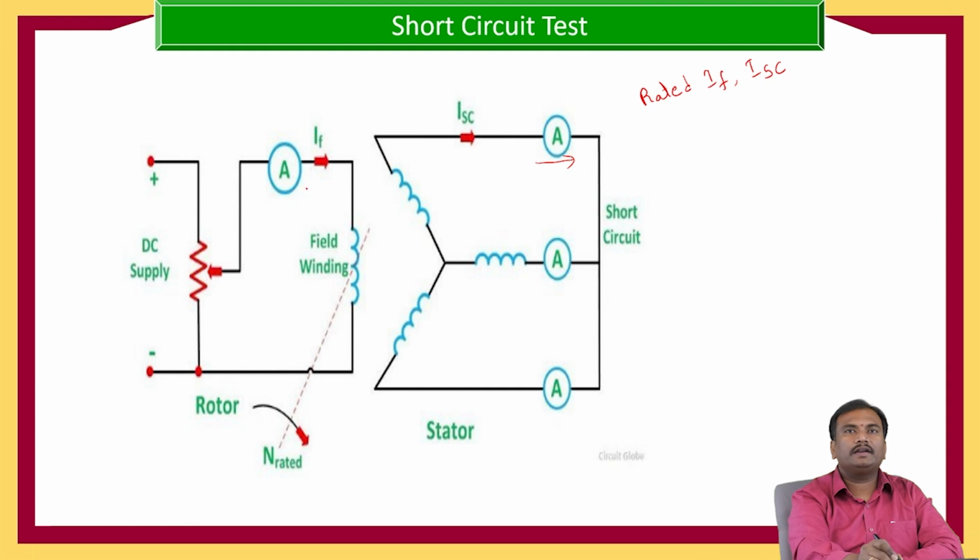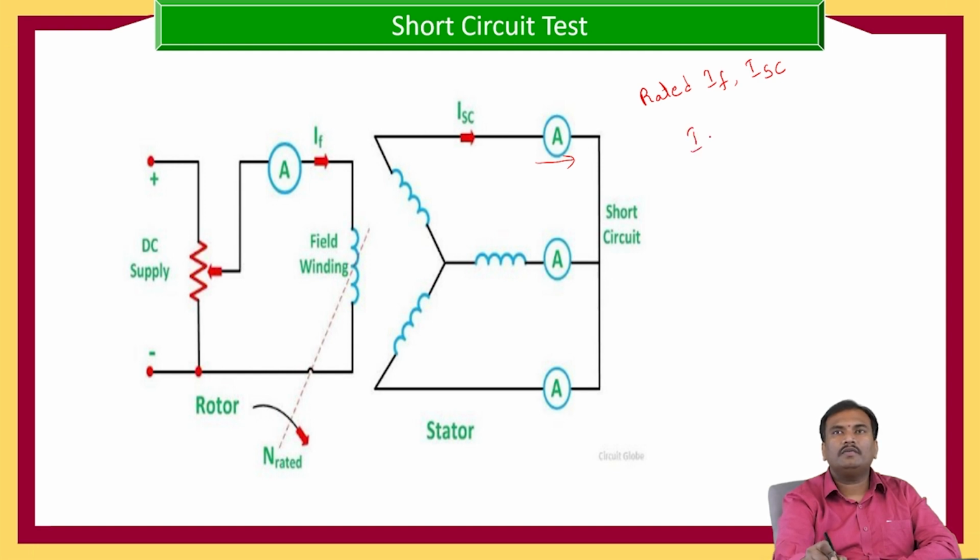We have to change the field current value and keep it constant once the short circuit current reaches the rated value. Once the short circuit current reaches the rated value, we have to note down the short circuit current and the field current.